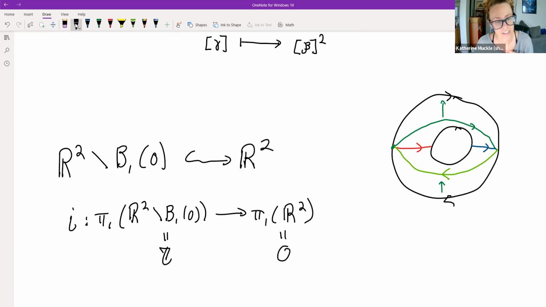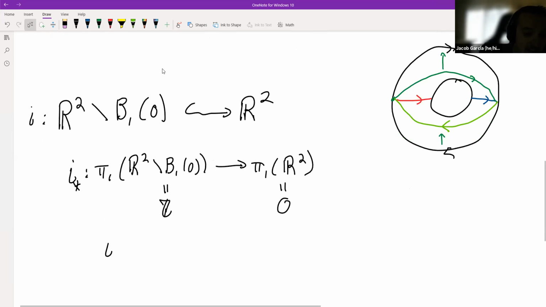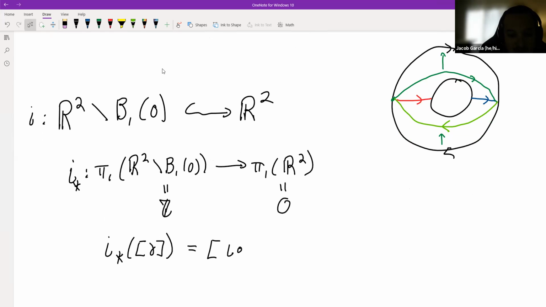I guess the image of an element in the left-hand group is just going to be I of... I don't know. Yeah, if we call this I star and we call the original map I, which is how we normally do this, then I star of the homotopy class of a path is just equal to the homotopy class of I composed with the path.